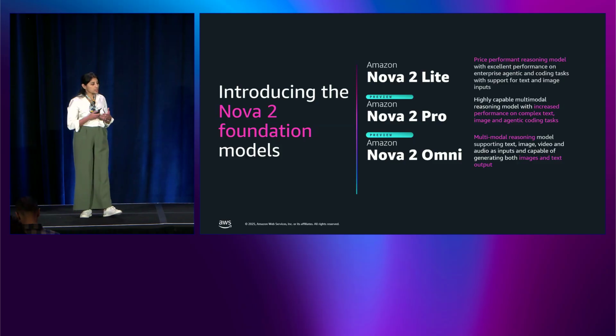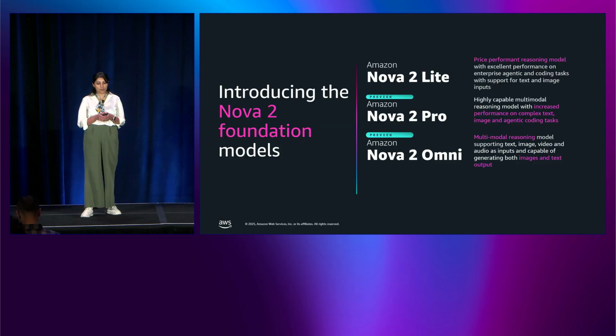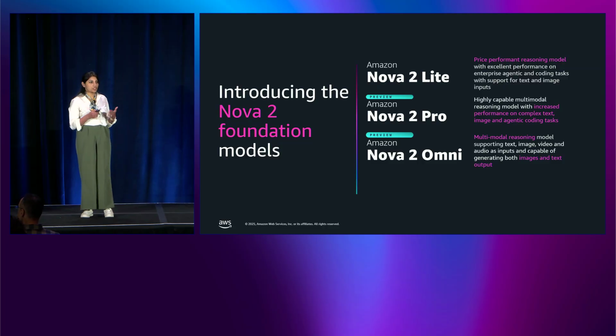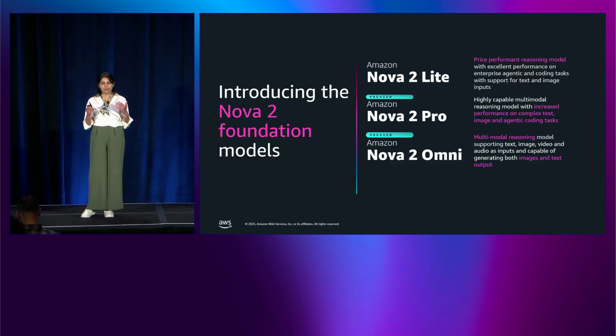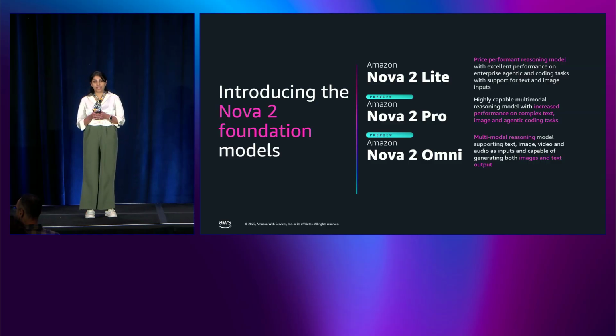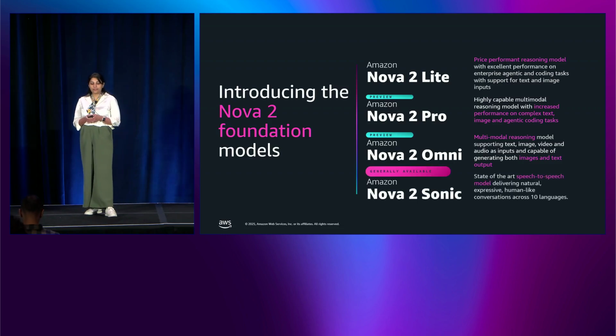And then we also launched Nova 2 Omni, which is our multimodal reasoning model, which can accept, in addition to text, image, video, it can also accept audio and speech as inputs, and it's capable of producing text and image as output. And finally, we also launched Nova 2 Sonic, which is our speech-to-speech model.